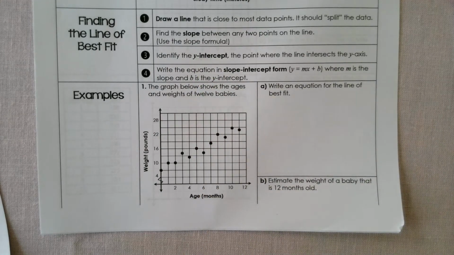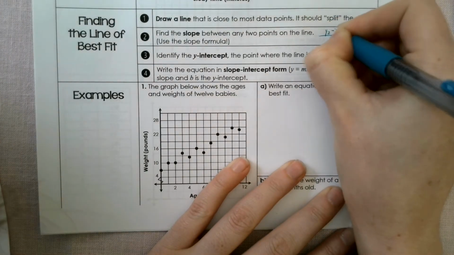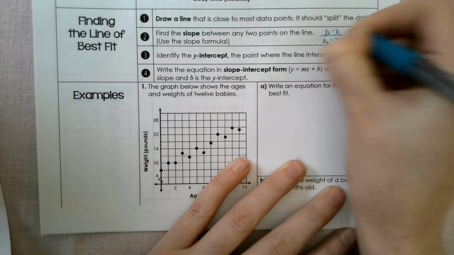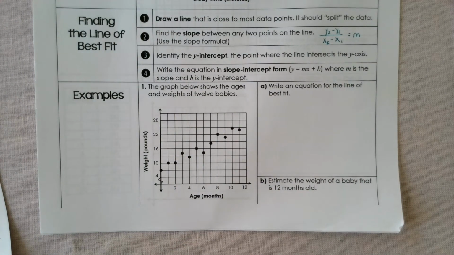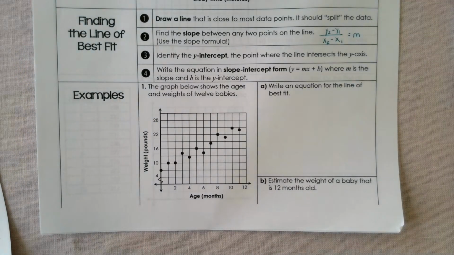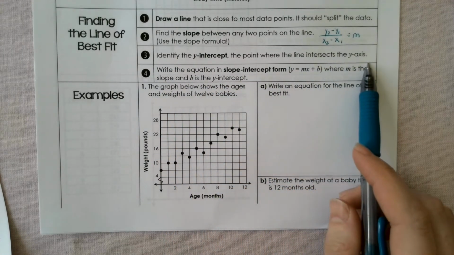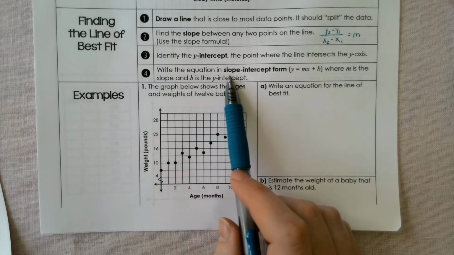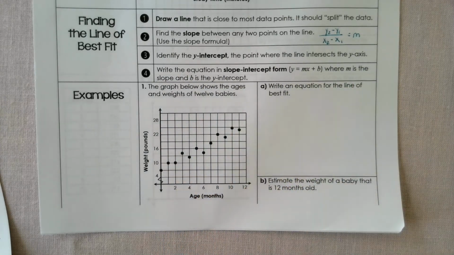And if you forgot the slope formula, that's going to be y2 minus y1 over x2 minus x1 equals our m. Okay? And we should have our starting point, because remember that is going to be our y-intercept. Okay? Identify the y-intercept where the line intersects the y-axis. And we're going to write the equation in slope-intercept form, where m is the slope and b is the y-intercept.